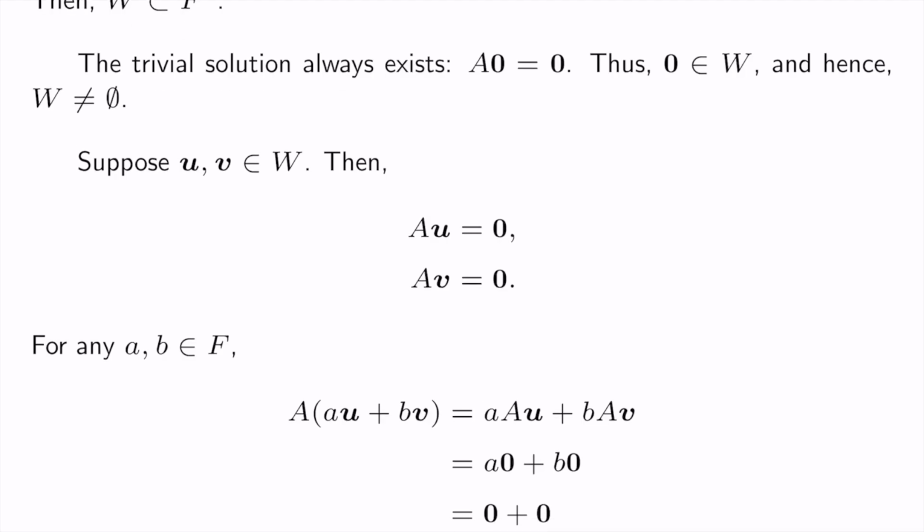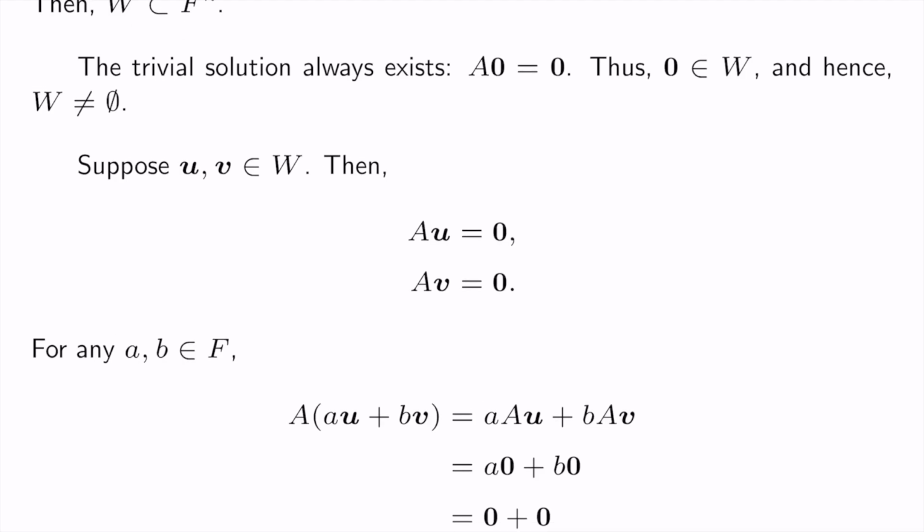Now check other conditions. Suppose U and V belong to W. So that means A times U is the zero vector and A times V is the zero vector. Then for any a, b elements of the field F, we have this. So A times this vector, matrix multiplication is distributive, so we can expand this like this.